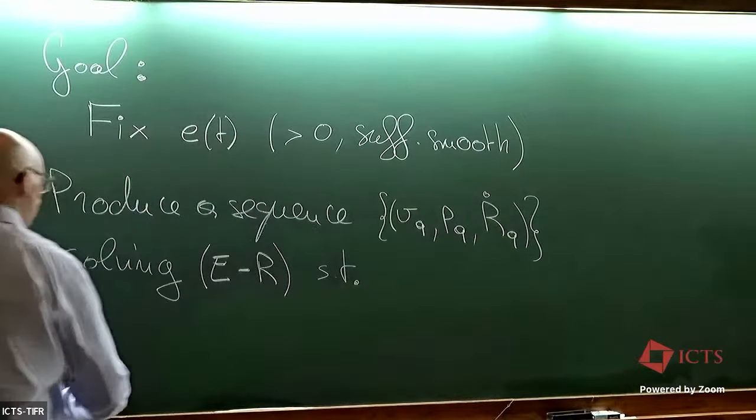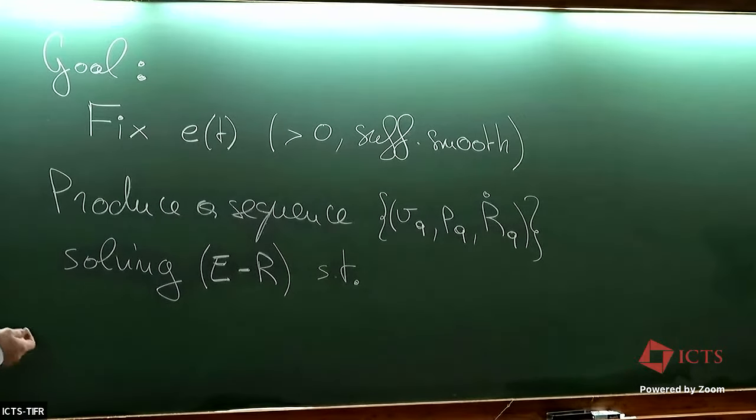First of all, I want this sequence v_q, p_q to converge in C0. And the way we will do it, as in the last lecture, is to get an estimate on the C0 norm of the difference of two consecutive functions and hope that I get a summable series, so that my sequence is Cauchy in C0.